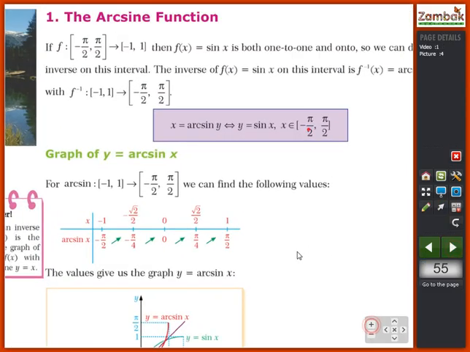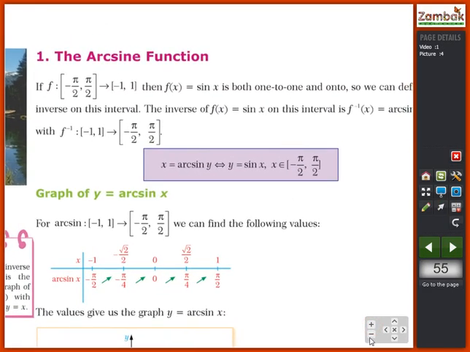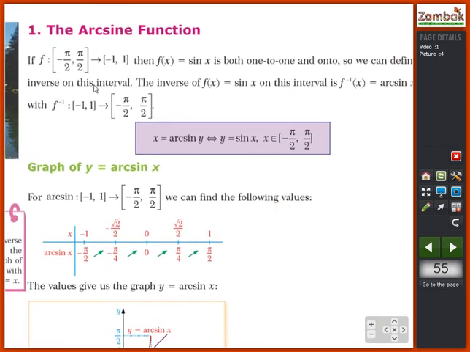Now look here. We said a function is a rule that assigns each element from the domain to the range. We limited the domain of the sine between minus pi over 2 and pi over 2, so it will be a one-to-one function. The inverse of the function just undoes what the function does.